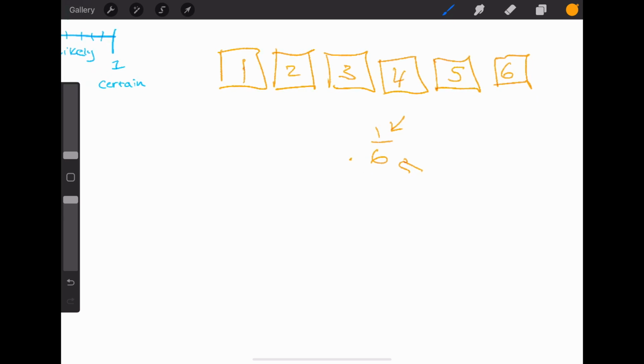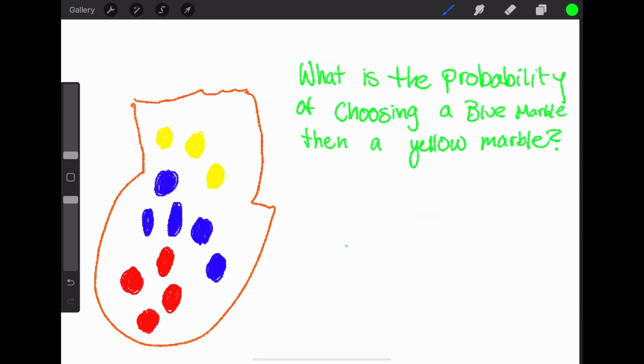So if we want it to land on 2, there's only one possible way that could happen, and it's if it lands on 2, but there's 6 possible things. This fraction, to find the probability of it landing on one specific number, is about a 16.7% chance that it lands on a specific number.